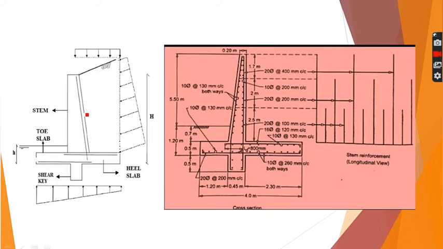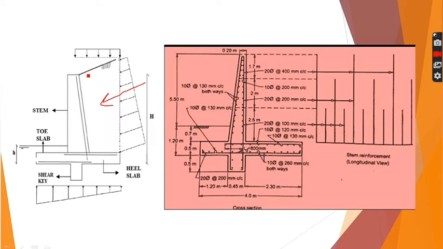As you can see here, these lines are depicting the reinforcement in the stem, heel slab and toe slab respectively. These arrows are depicting the different types of forces acting on the cantilever retaining wall. We will be discussing these after a few slides, but for now, this is the surcharge load. This is the inclined earth pressure which is acting on the wall.